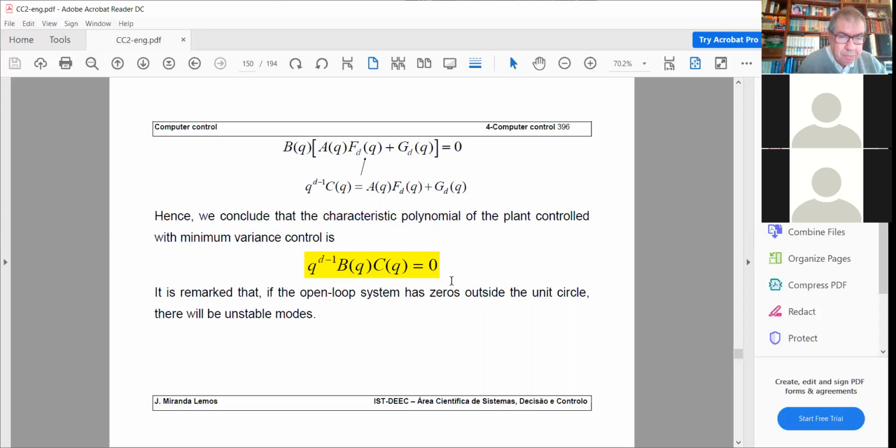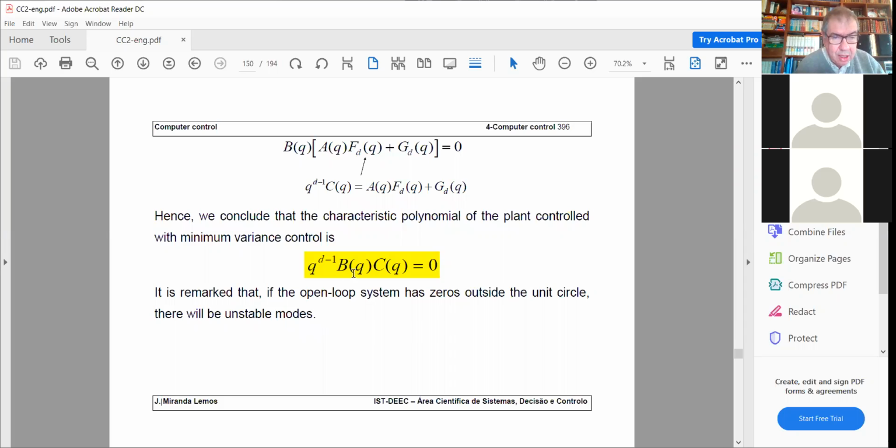Where do you have poles? You have poles at roots of C. This is not a problem because we have assumed that all the roots of C are inside the unit circle. We have poles at roots of B. Now, B must have all its roots inside the unit circle. Otherwise, since you are canceling all the zeros, you are placing a pole outside the unit circle.